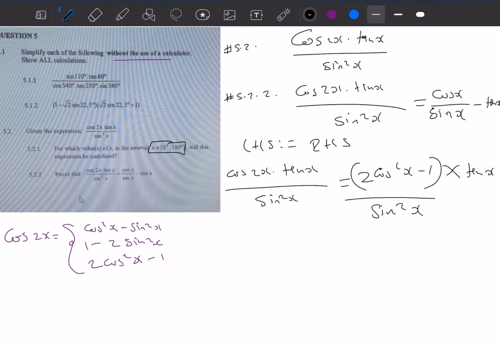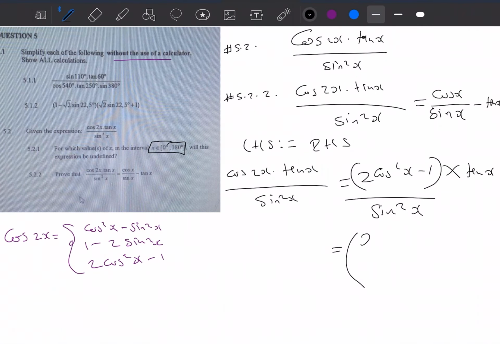And then from here, the way I would do this is to divide first.